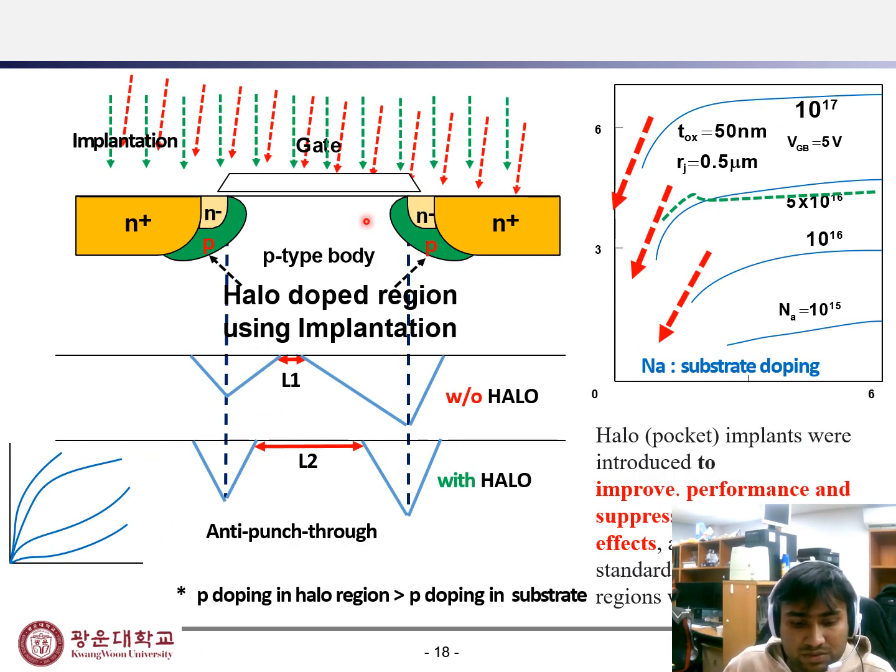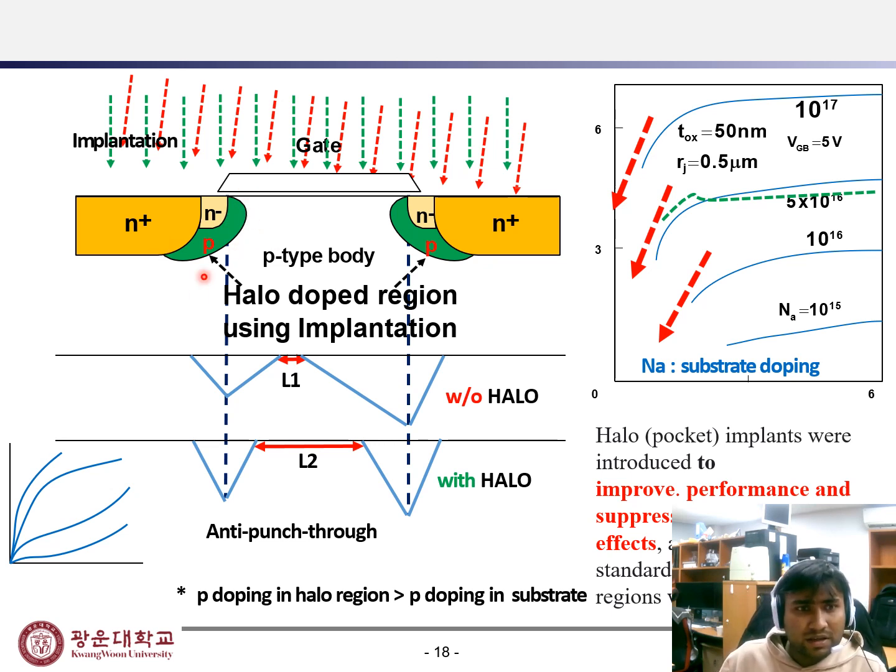How to reduce DIBL? In this portion, implantation through the gate. In a p-type body, here we implant p-type material. This is called a halo, or pocket doped region, made using the method of implantation.